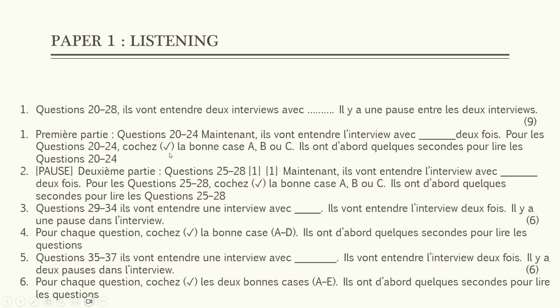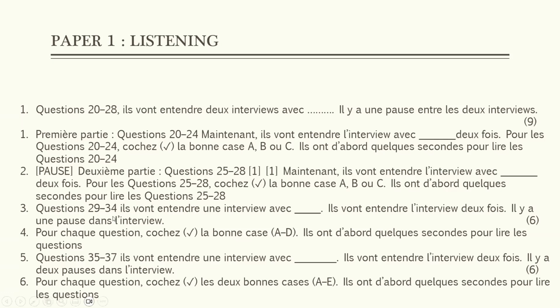In the first part, they play the interview twice, so the first time they can try answering, say, questions 20, 21 and 22, and the second time they can answer the rest, because sometimes they may not be able to follow the entire conversation. In the same way, the second part, questions 25 to 28, has another interview that they listen to twice and then answer.